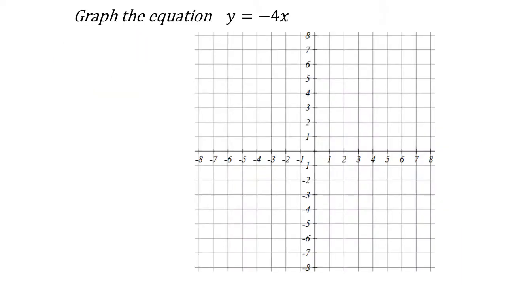All right, so here's a problem, right? Graph the equation y equals negative 4x. Well, y equals negative 4x, that seems pretty basic. I don't know, maybe we don't have enough experience to know that it is yet. But we see something different on this problem compared to the last problem that we just did, is it's missing the table, right?